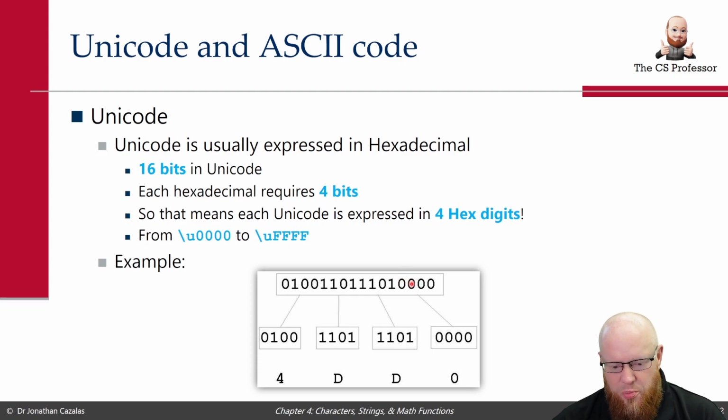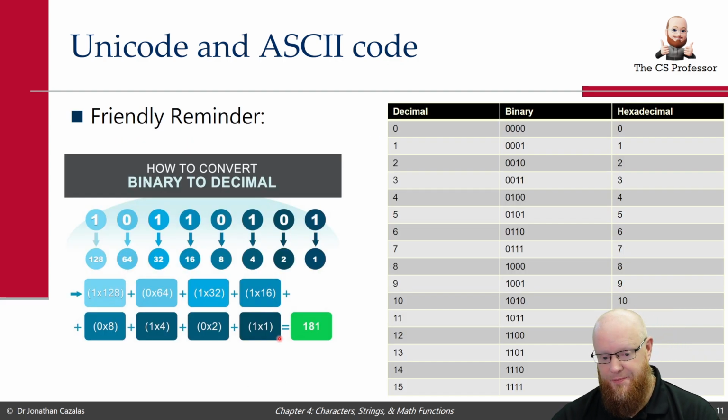But if you take each 4 bits and put them into their own group, so this first 4, 0, 0, 0, 0, the next 4, 1, 1, 0, 1, the next 4, again, 1, 1, 0, 1, and the final 4, 0, 1, 0, 0, and then you merely convert each of those to hexadecimal using this table.